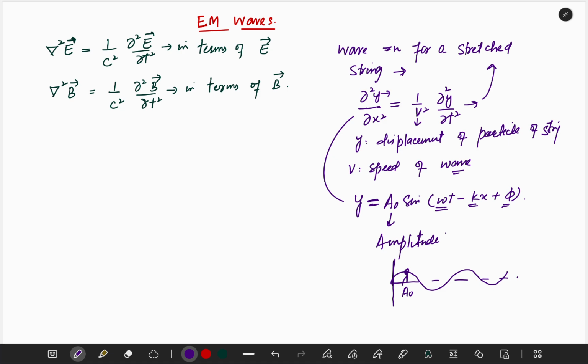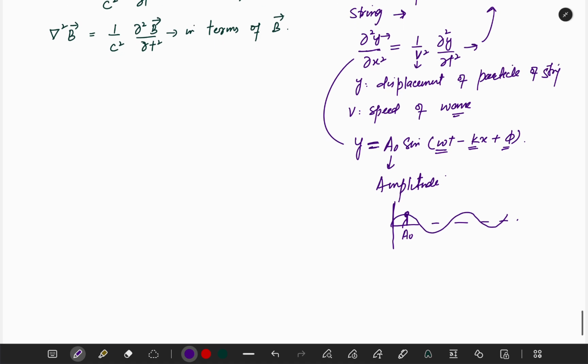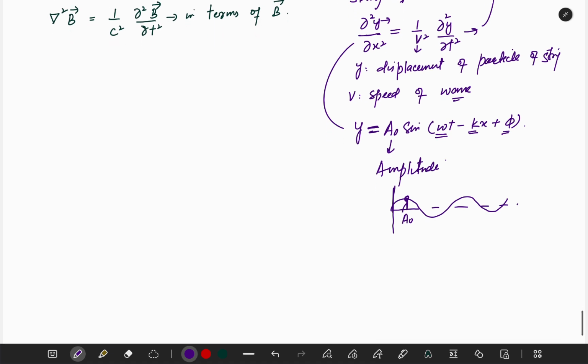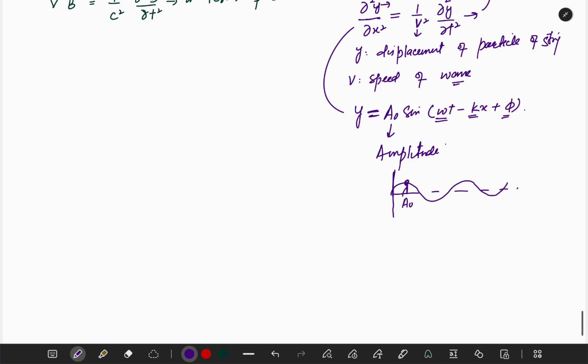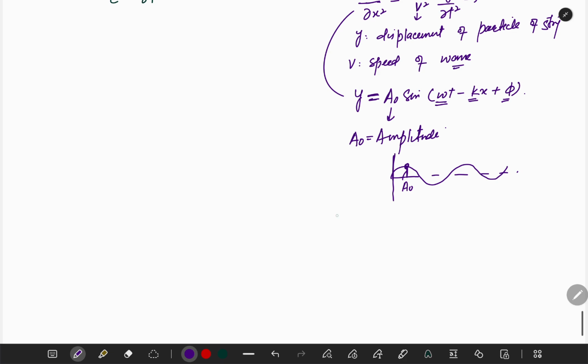So I'll discuss some important points. Where a naught is the amplitude, this is the first thing you must know. And let me tell you first about the angular frequency, omega, which is 2 pi by time period, or 2 pi f.